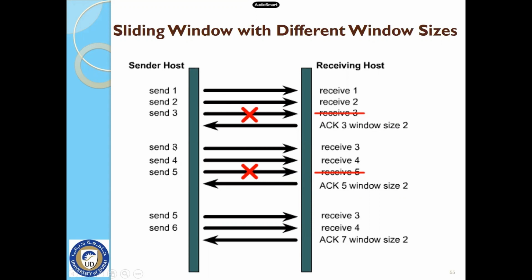So the sender will send 3, 4, and 5 again, because it sends 3 packets at a time. Same thing here: packet 5 was lost, so it will send an acknowledgement and the packets are resent. Now in this case, the sender will know that the receiver only receives 2 packets at a time.